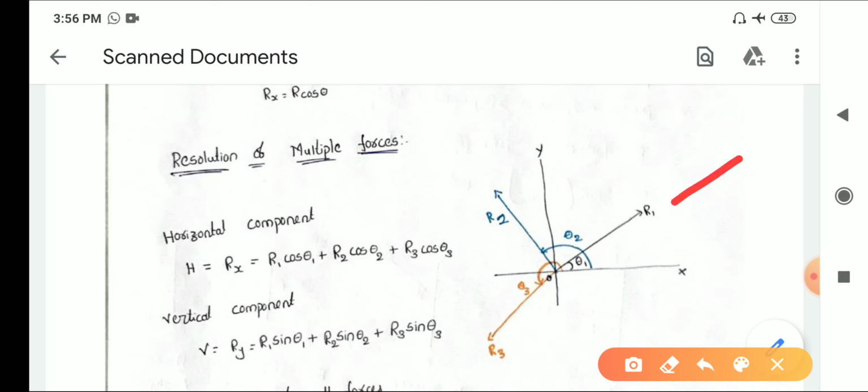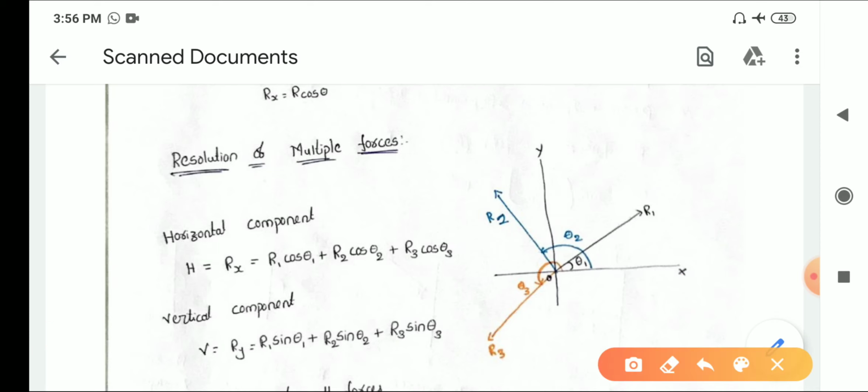R1 is in this direction, R2 is in this direction, R3 is in this direction, and these three forces lie in different quadrants. It is very difficult to solve this problem. What we do is make it simple by resolving them into two perpendicular directions, one horizontal, one vertical. If you make all three forces into a simple form, we can calculate easily without any complexities. That's why we are going for this method.